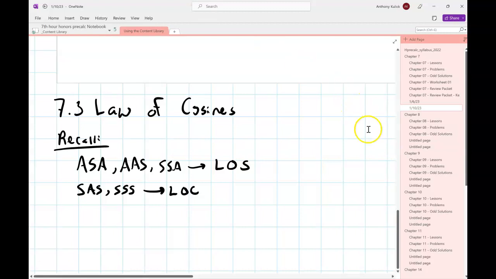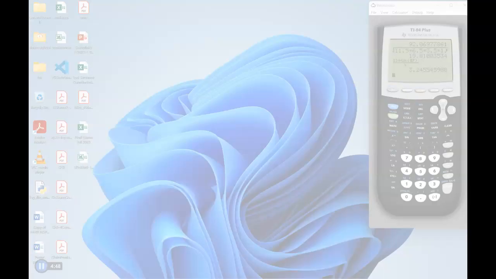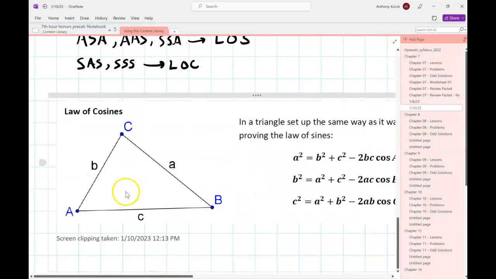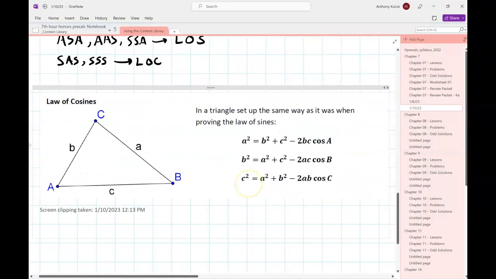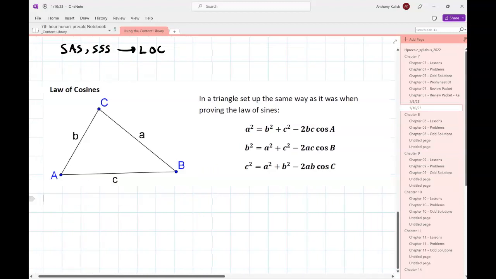So let's see what that law of cosines is. Let me just drop this image in here. So here are our law of cosines formulas. Notice this is just 3 different versions of the same formula.